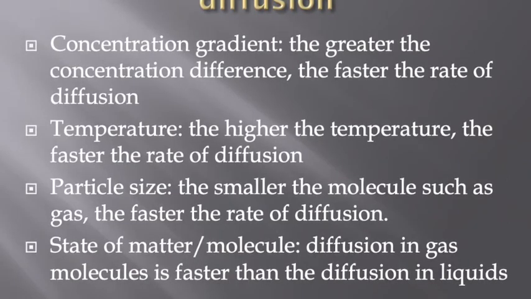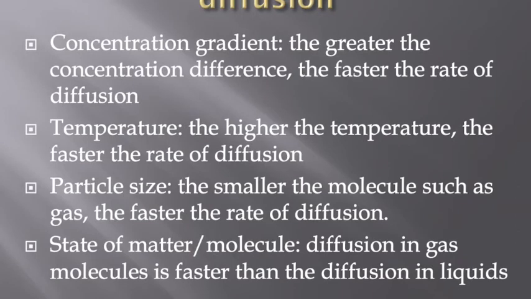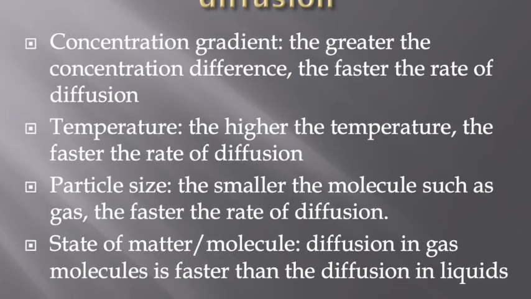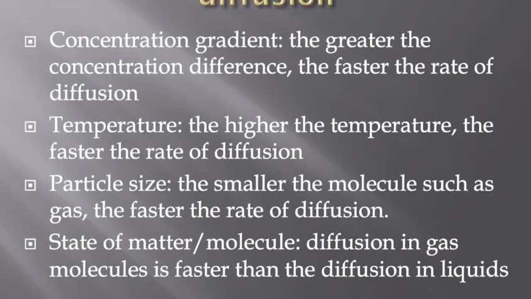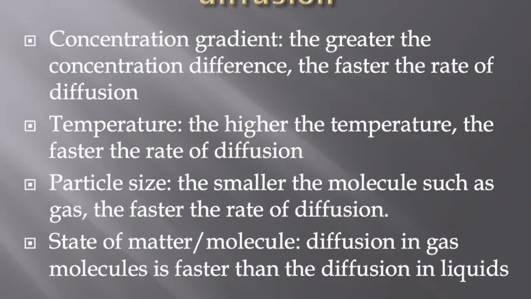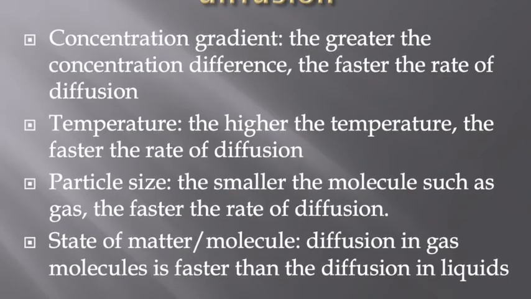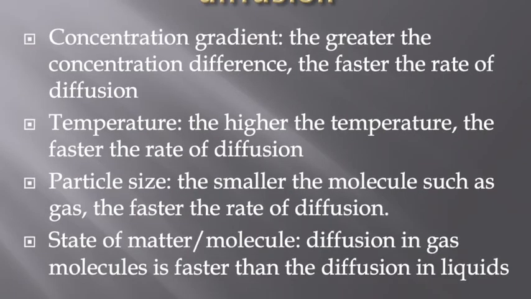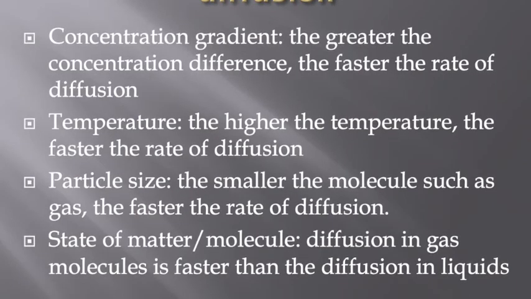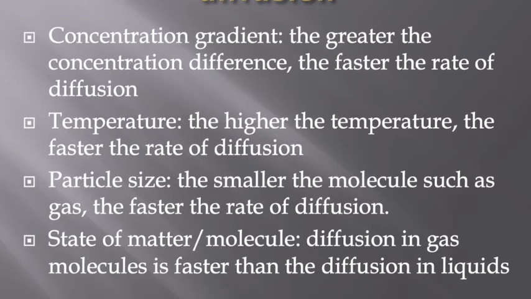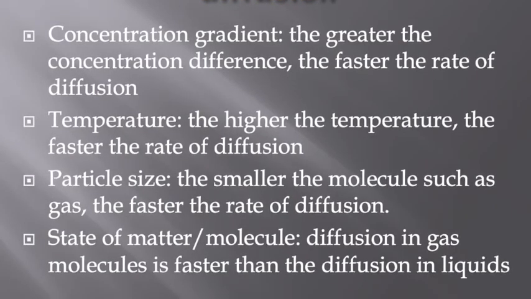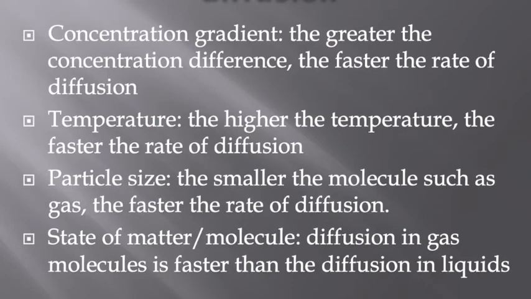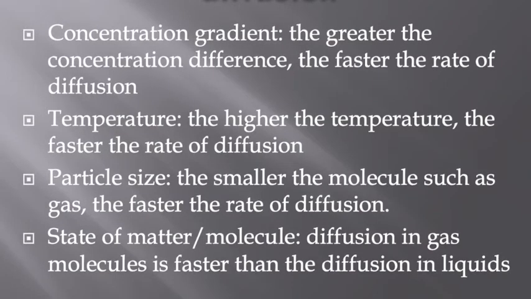The last but not the least is the state of matter or molecule. We've talked about the 3 states of matter according to our syllabus. We're saying that gases have more spaces between them, and therefore they can move faster compared to liquids.